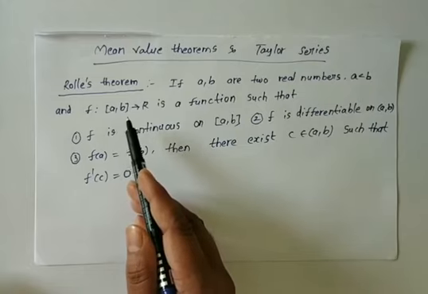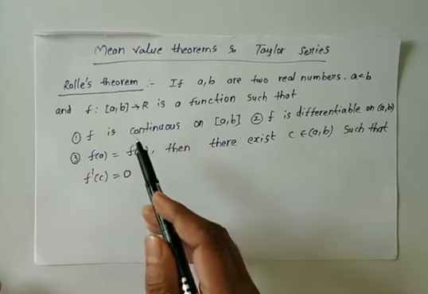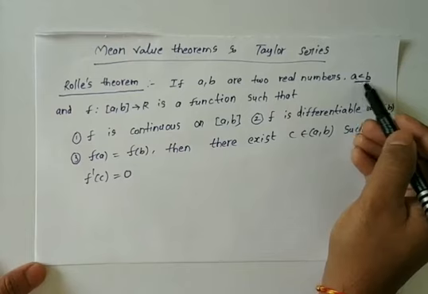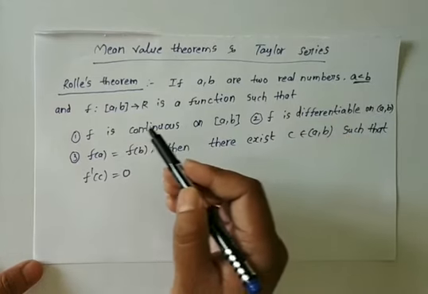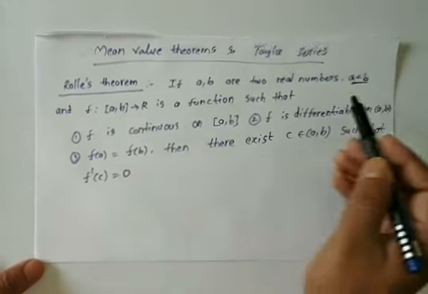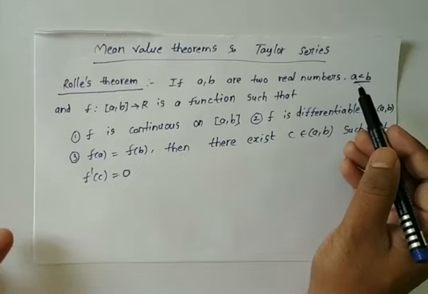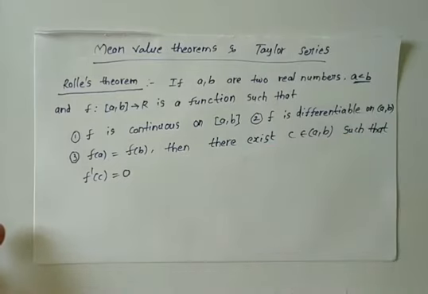Here a and b are real numbers with a condition. What is the condition? a less than b. So here a and b are any two real numbers, and a must be less than b. Okay. Remember that point.